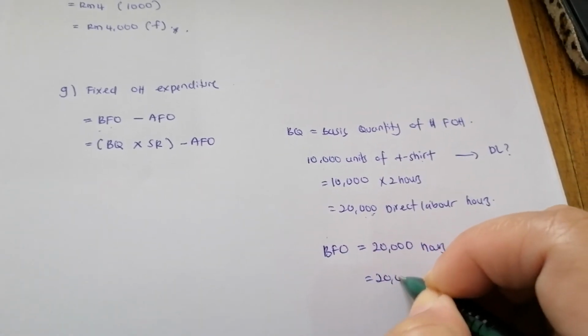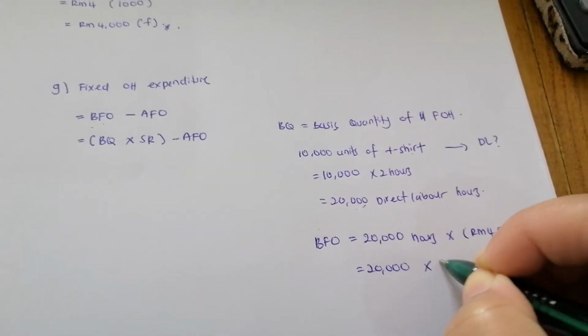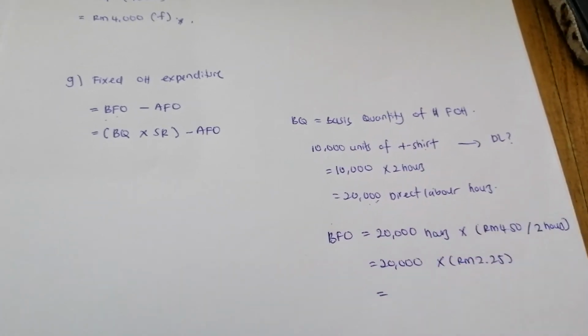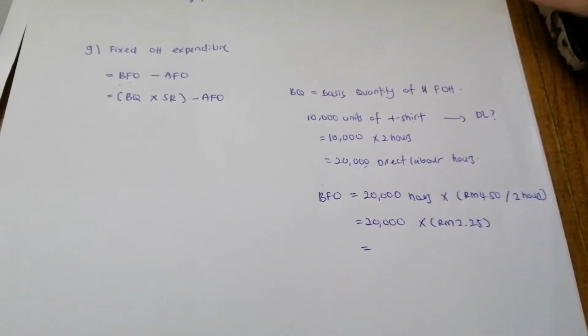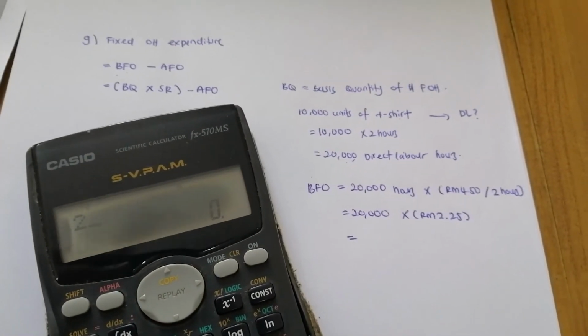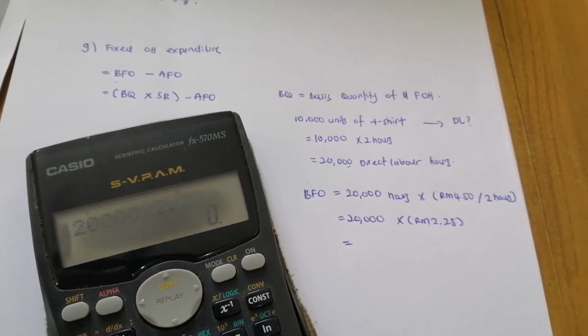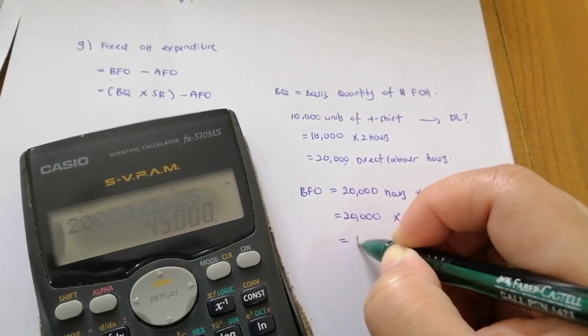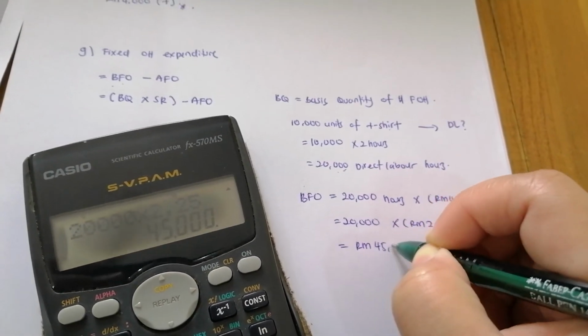So 20 times RM 2.25, you will get the BFO of RM 45.